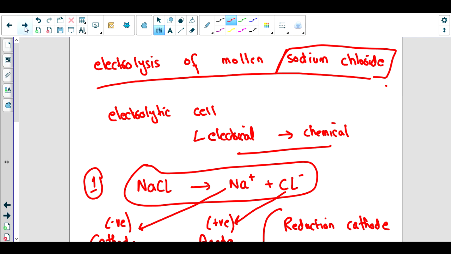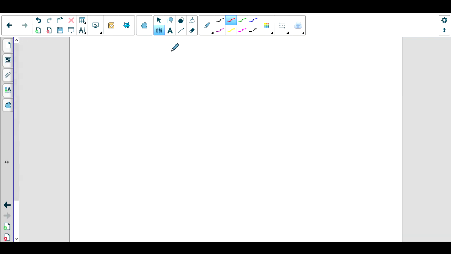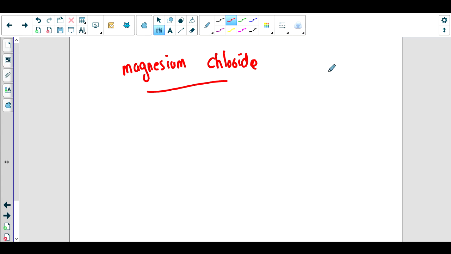For example, you have another salt. Same question is for magnesium chloride. Let's say you don't know the formula, but in exam they have given you the formula MgCl2. Now see, when you have ions, you can design the formula. If you want to design this ionic compound formula, it's very easy.